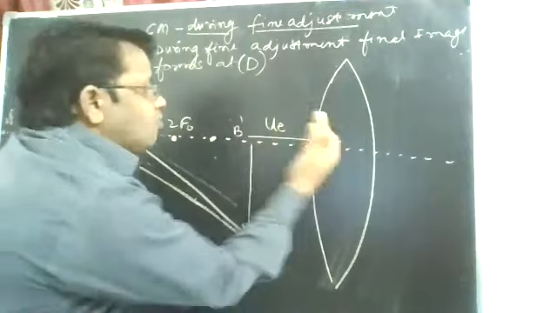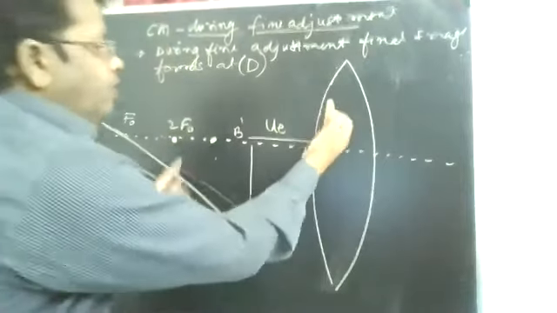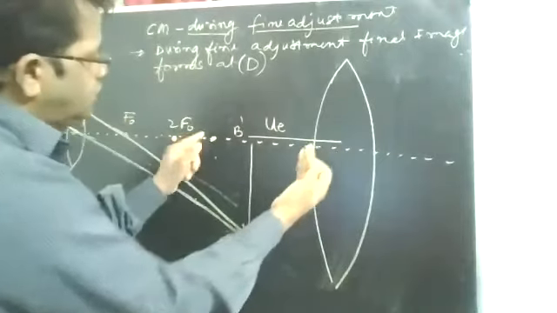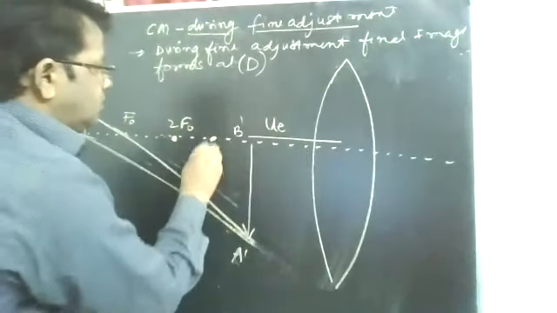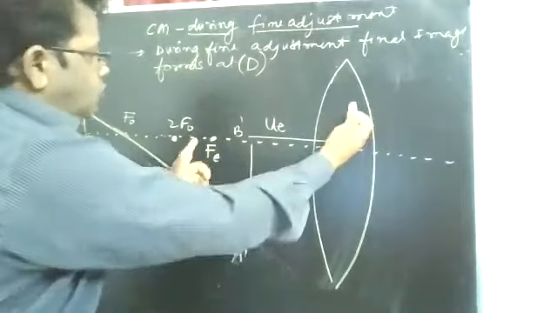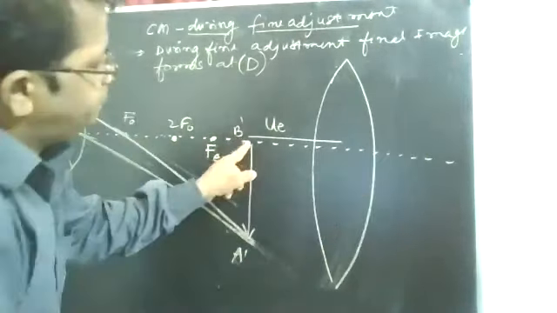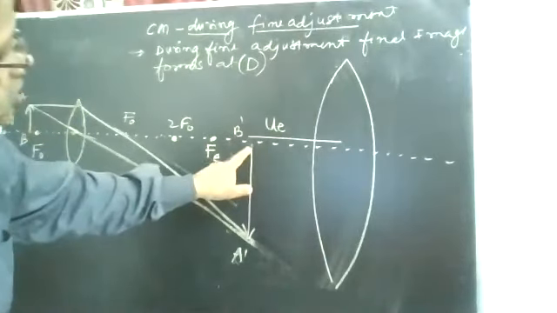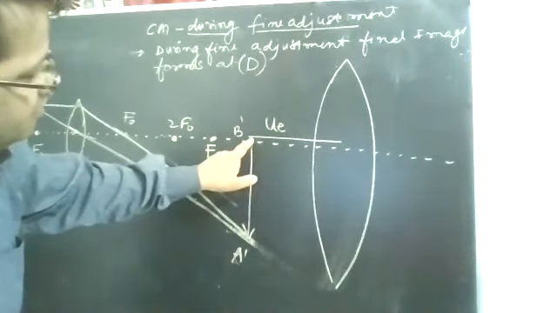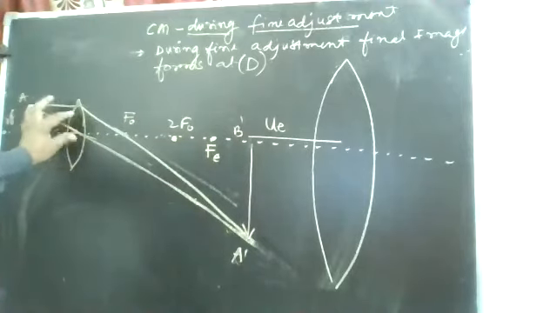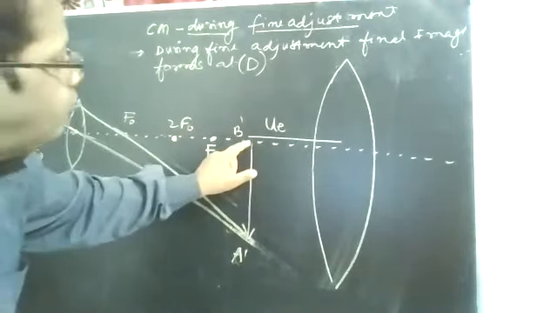In the previous case, we moved this lens apart from the object, and the focus of the eyepiece started to shift. During normal adjustment, the focus point lies here: the image formed by the objective forms on the focus point of the eyepiece.